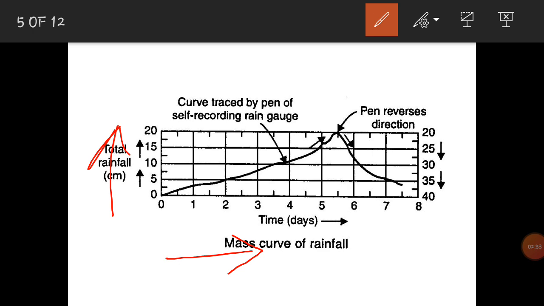A typical mass curve of rainfall at a station during a storm is shown in this figure. Mass curves of rainfall are very useful in extracting information on the duration and magnitude of a storm. All intensities at various time intervals in a storm can be obtained from the slope of the curve.